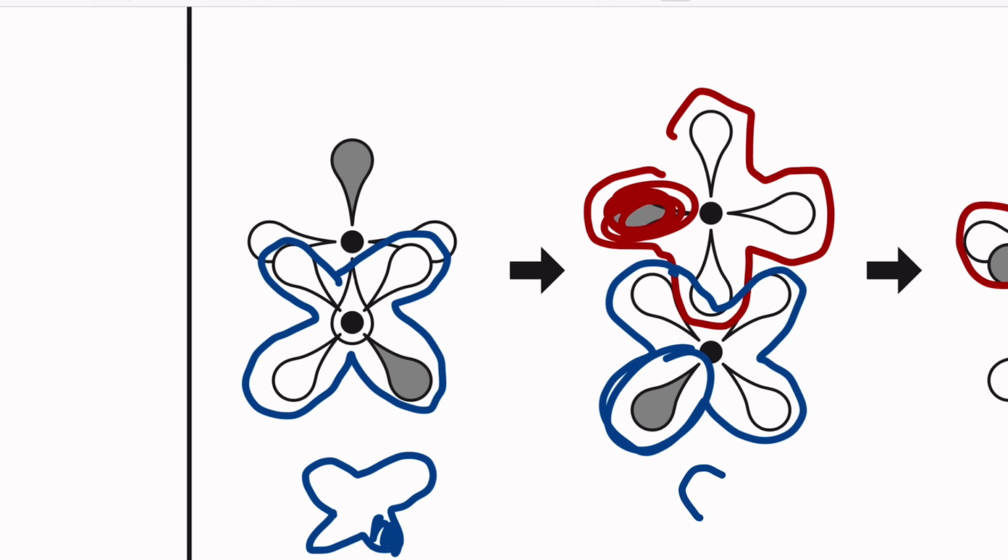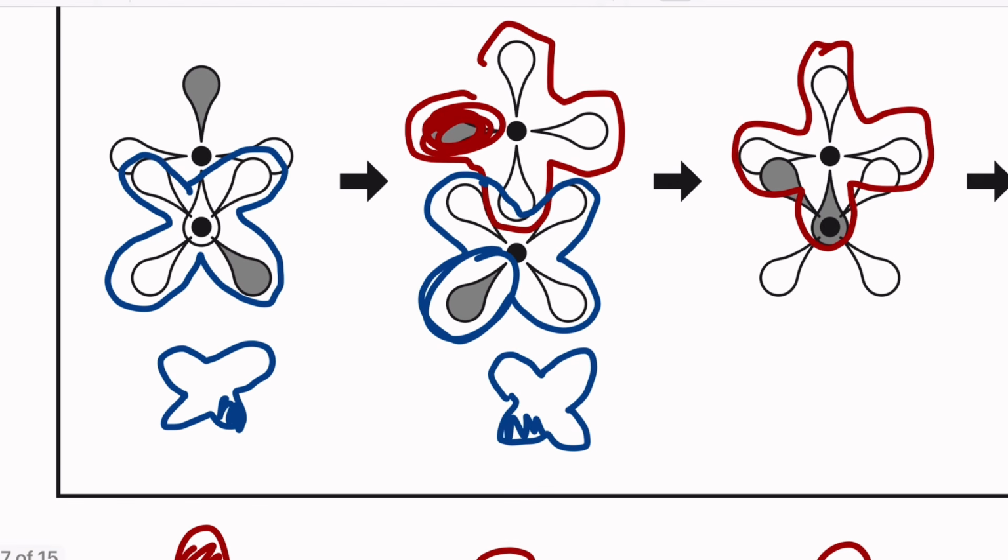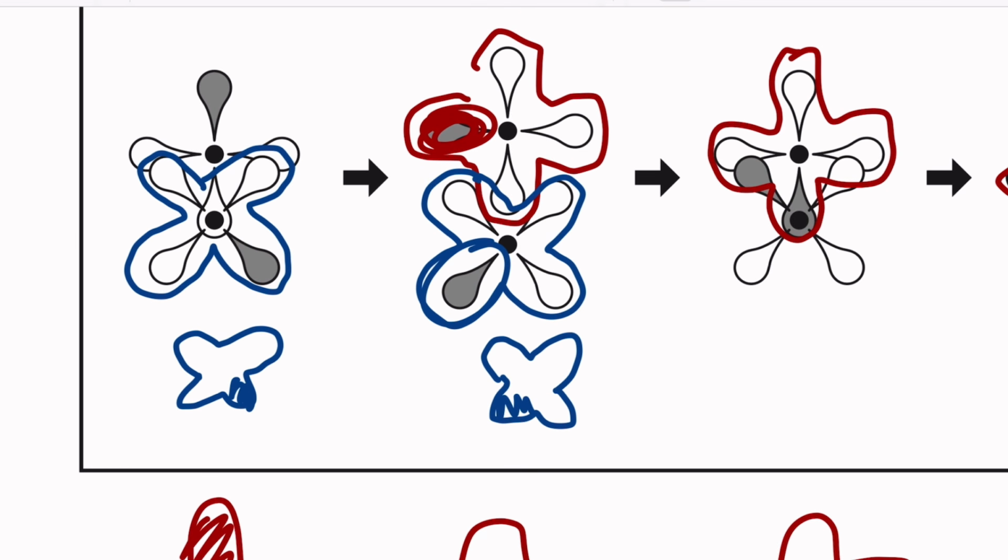So it goes like this. Now you can see it's moving in a clockwise direction, because over here it ends up on the top left. So obviously it's moving in a clockwise direction.